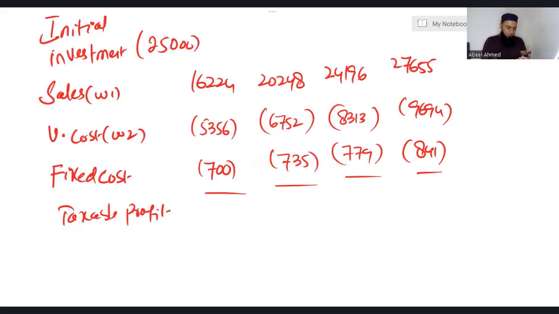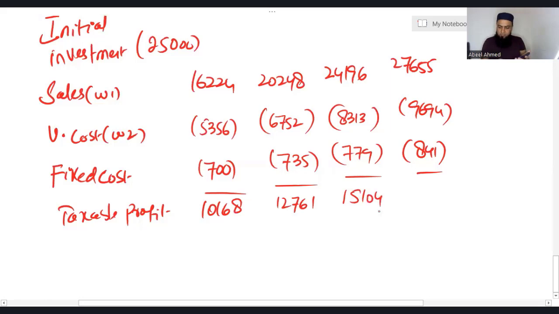I'm getting 10,168. 20,248 minus 6752 minus 735 gives me 12,761. 24,196 minus 8,313 minus 779. I'm getting 15,104. 27655 minus 9694 minus 841. I'm getting 17,120.